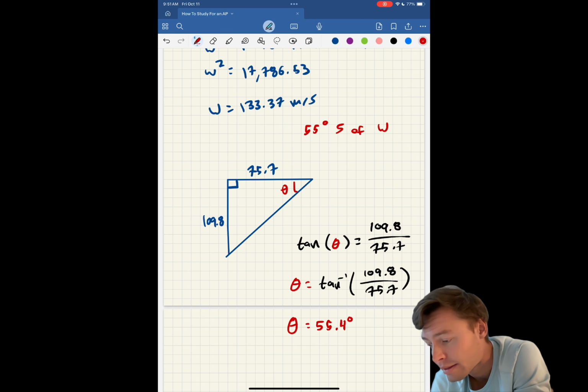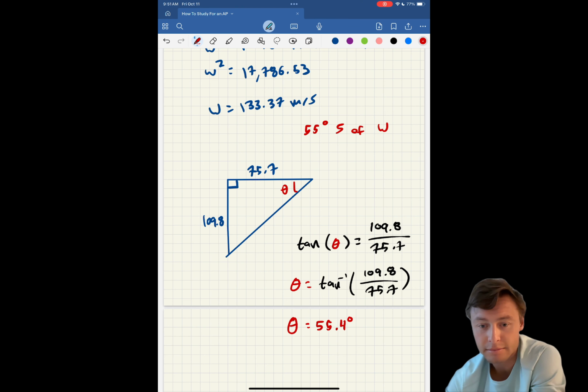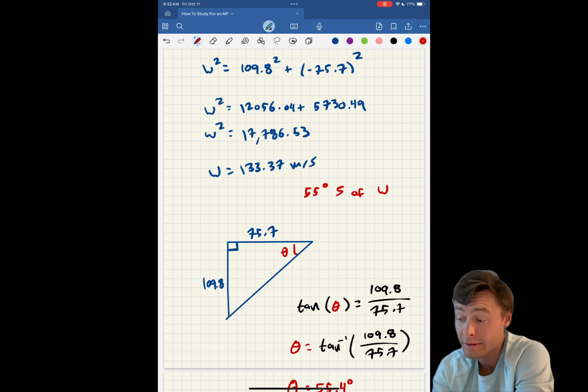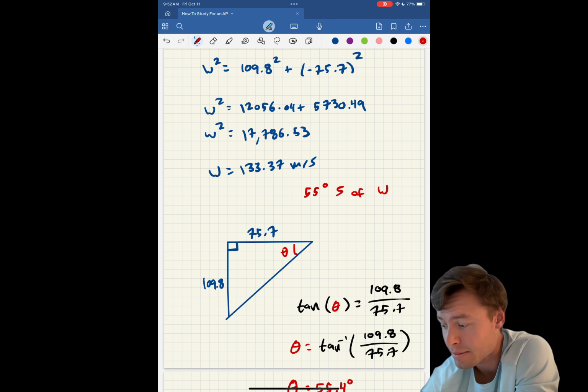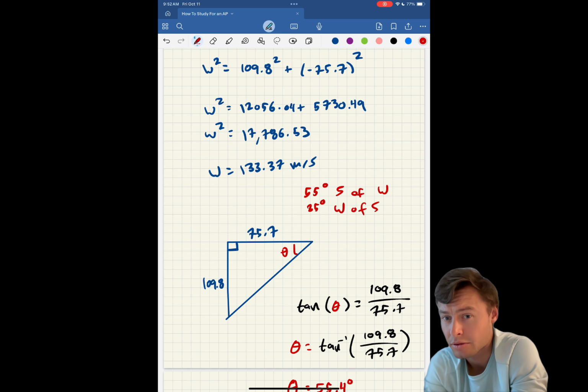Now, there are multiple ways to go about that. Now, 55 degrees south of west is essentially the same thing as 35 degrees west of south. Okay? Those are the same thing. See if you can figure out why those are the same thing.